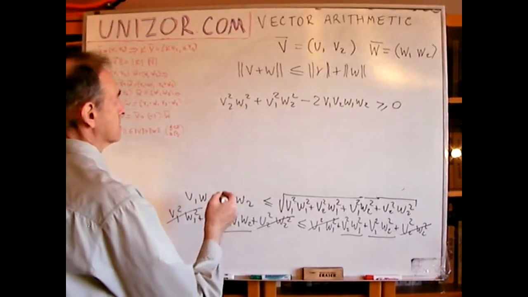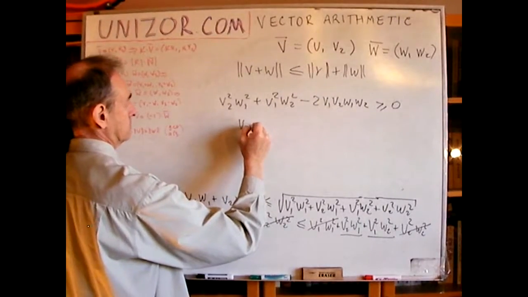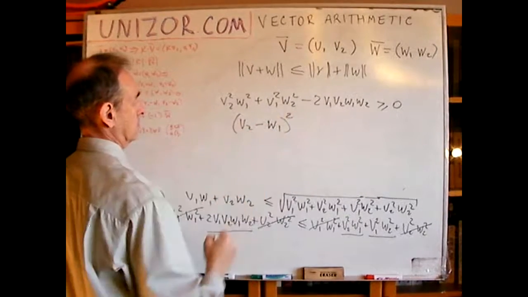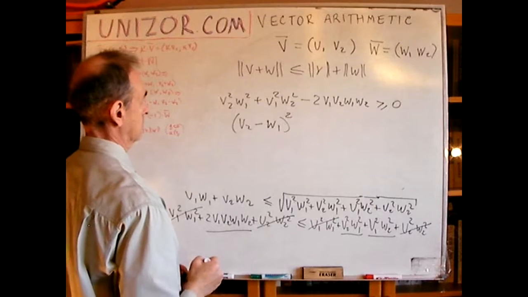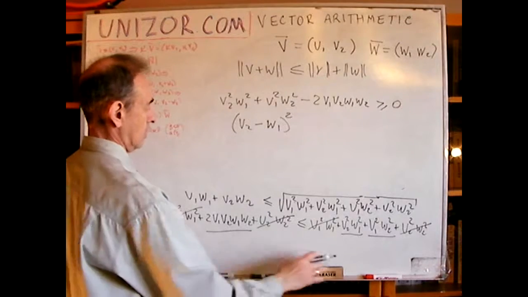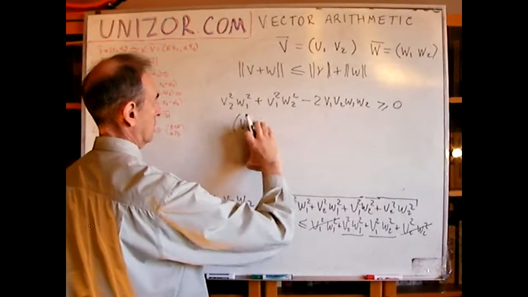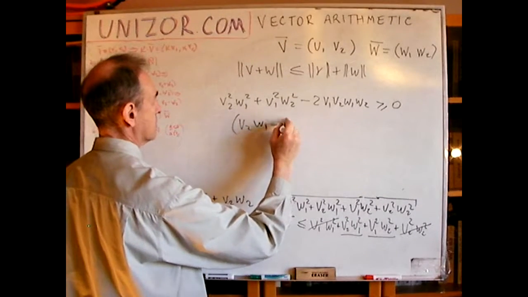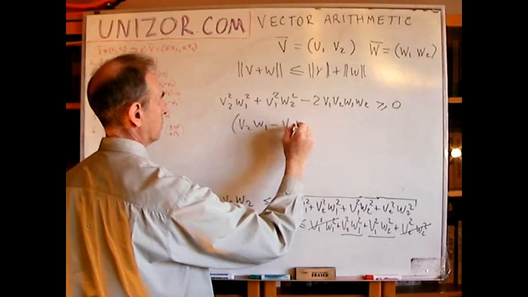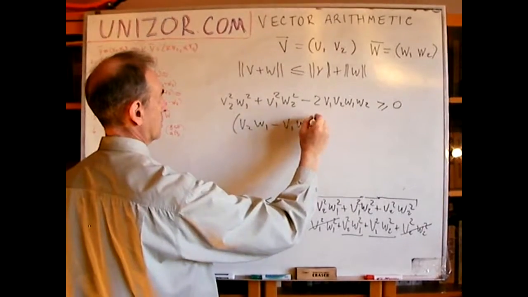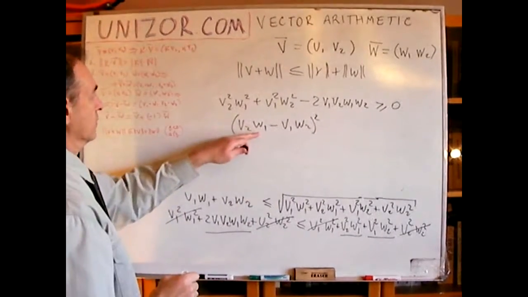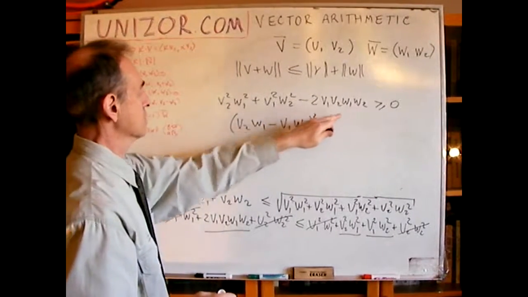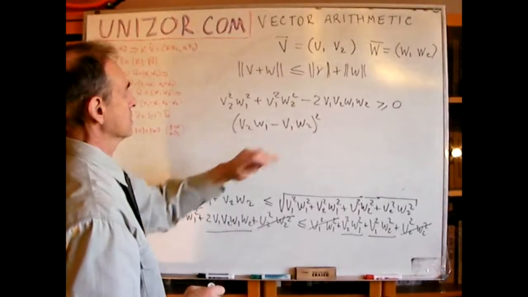Now, what is this? Is this right? No. It is v2w1 minus v1w2, squared. The square of this, which is this, minus 2 times the product, which is this, and the square of this, which is this.